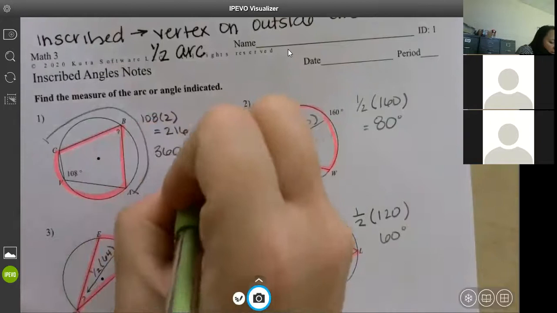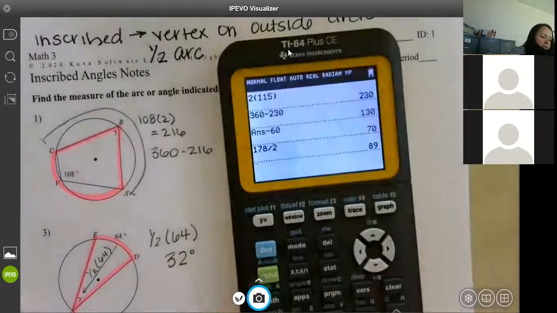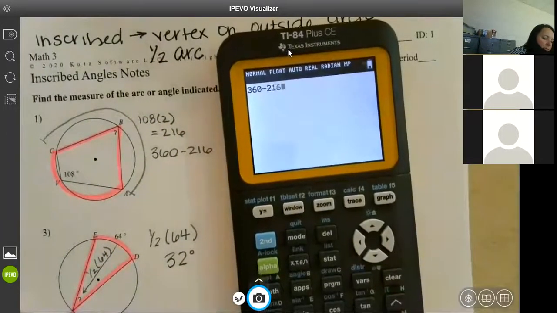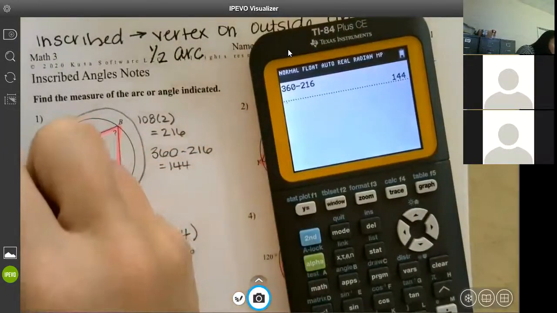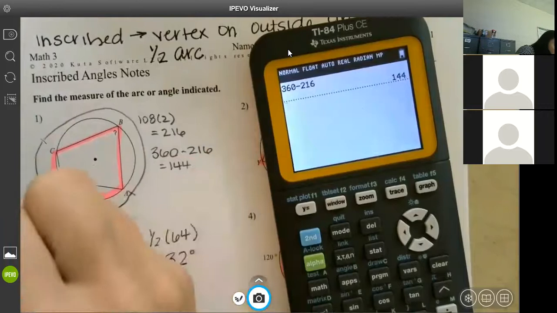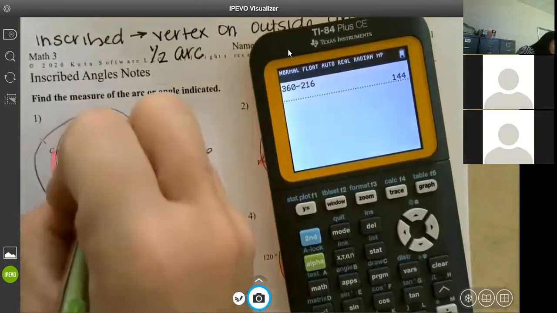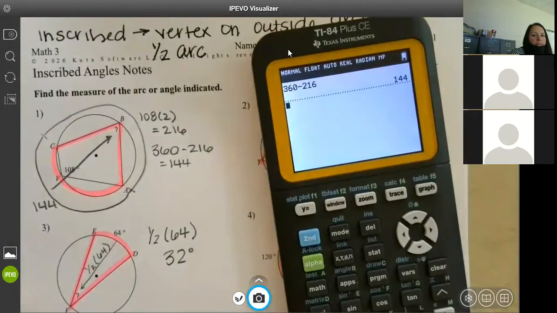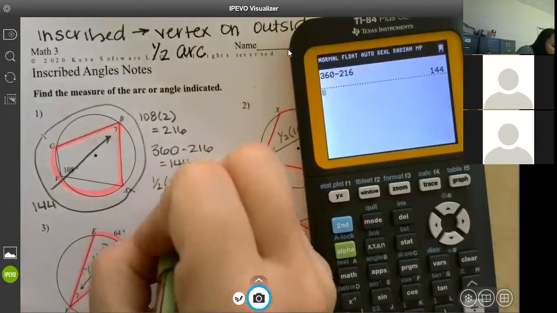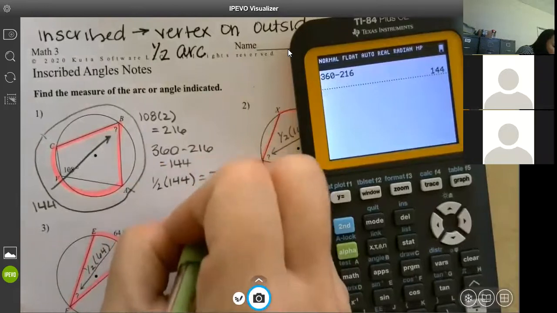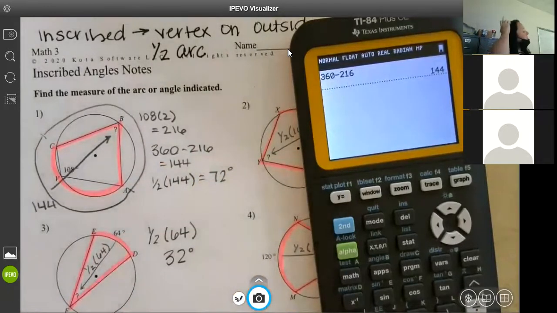Subtract it from 360. So 360 minus 216 gives you 144. So this whole arc is 144. How do I get this angle? Divide it by 2 or cut it in half, and you get 72. So it's a little bit simpler than the other one. We're going to keep doing some. It's not like I'm going to stop and you just got to go from here. Okay.